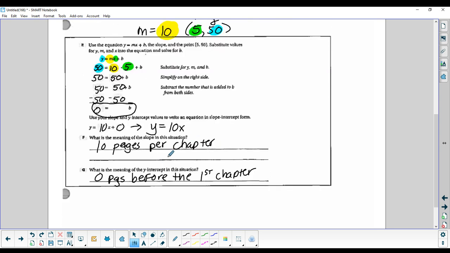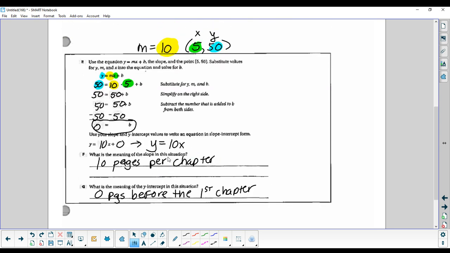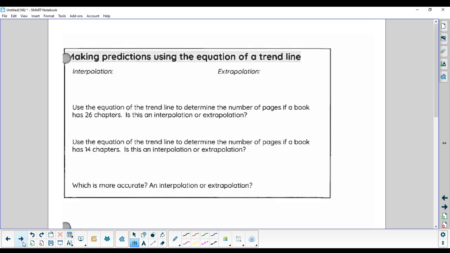And then I could use my equation to predict how many pages there are in a book. So if a book is 10 pages per chapter and has 7 chapters, I can predict that it's going to be 70 pages long. And that's exactly what we would want to do here.